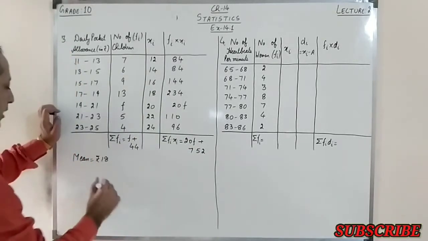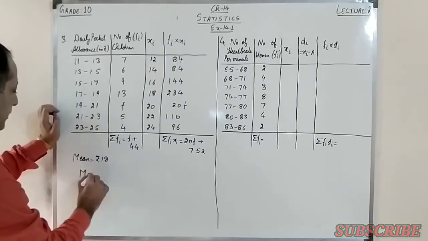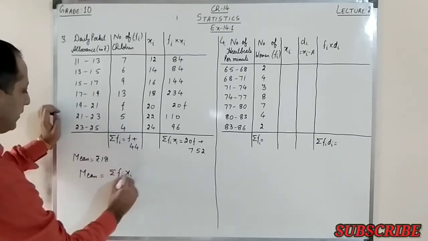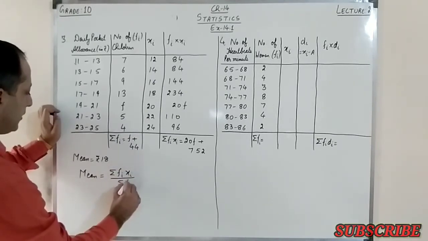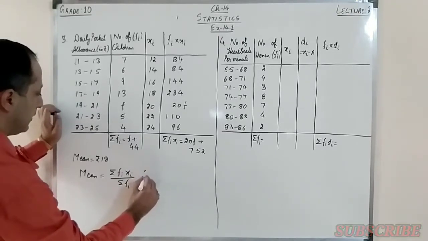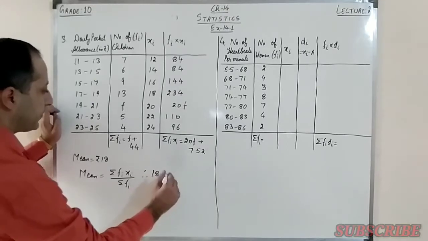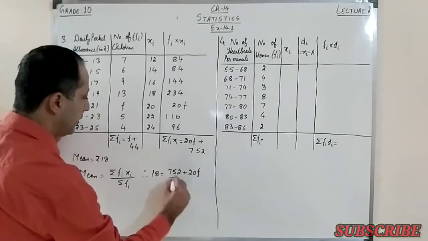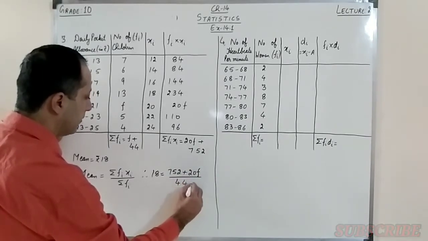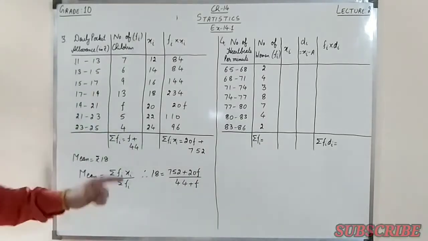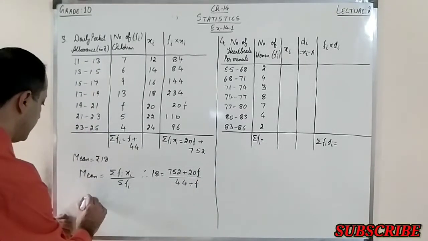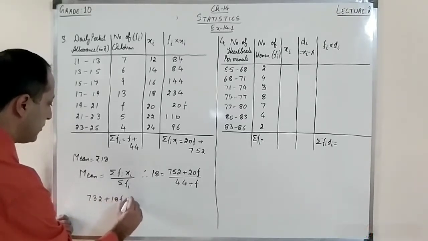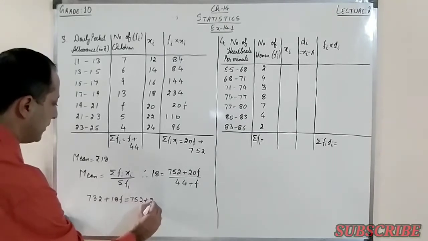Now we have the formula to find the mean using the direct method. The mean is equal to summation fi xi upon summation fi. So therefore 18 equals 752 plus 20F upon 44 plus F. Now we cross multiply, and we get this as 732 plus 18F equals 752 plus 20F.